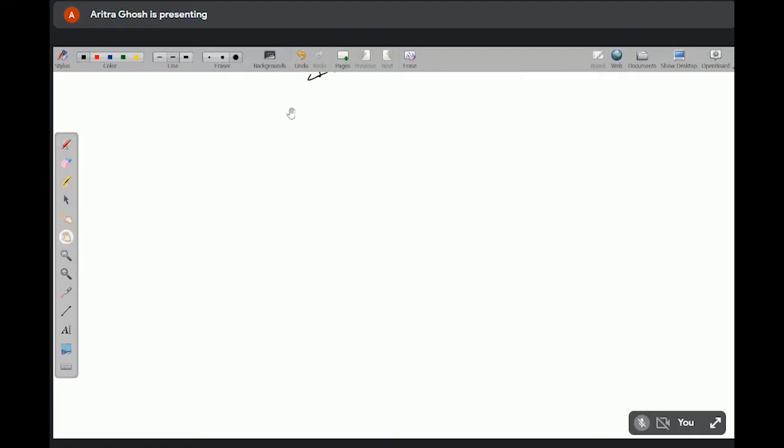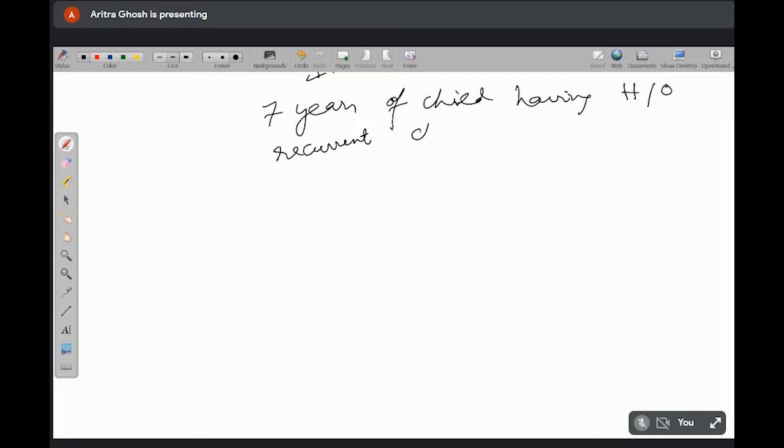Number one, clinical scenario. Number two, suppose two groups of 70 year old males. Two groups means two types of symptoms are coming. One is recurrent fever and another is abdominal pain, happening recurrently in the two groups.